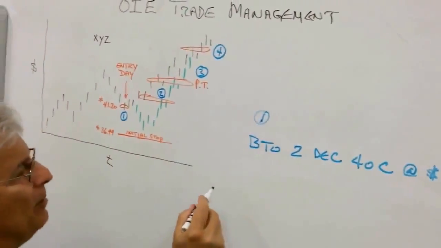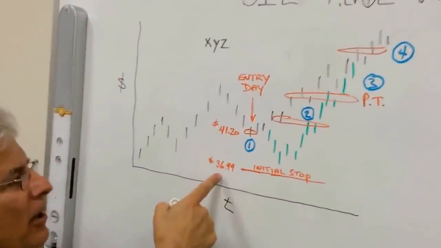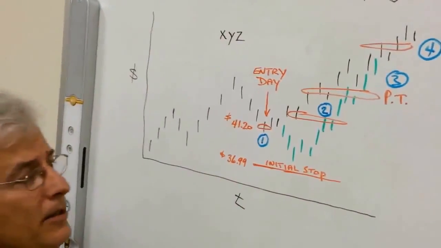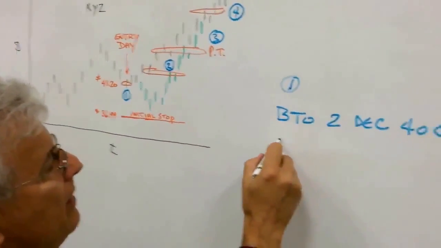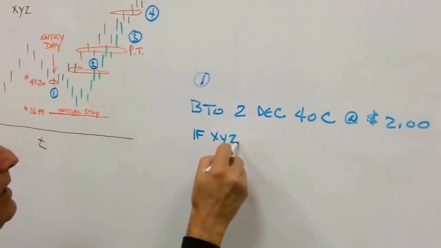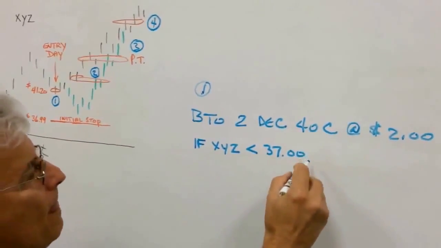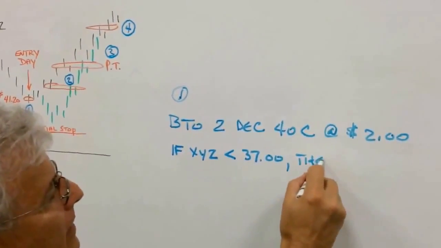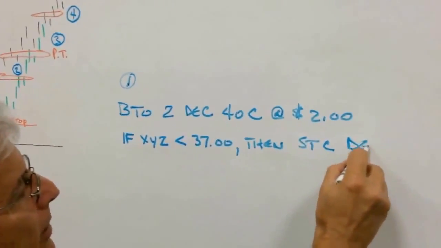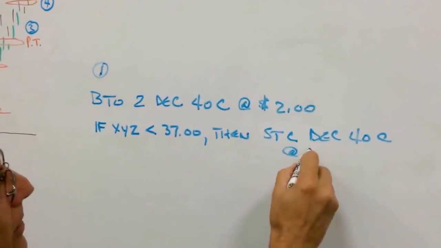At the same time, we want to load in our trailing stop. The software in this example, let's say, said the initial stop was at $36.99. So we're going to say if XYZ is less than $37, then sell to close the December 40 call at market.